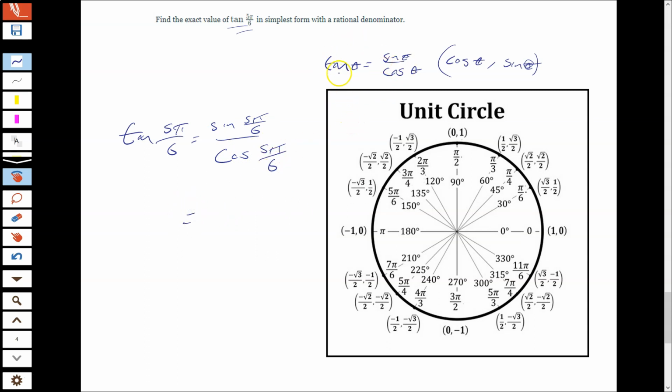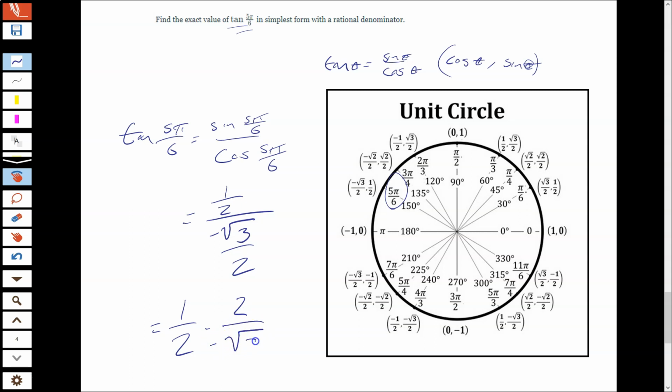This is just a fact that we could prove using a triangle if we really wanted to. And then I just look those up in the table. So 5 pi over 6 is here. Sine is my y-coordinate, so that's 1/2 over negative root 3 over 2. And then if I'm dividing those fractions, I flip the bottom, take the reciprocal of the bottom, and multiply.